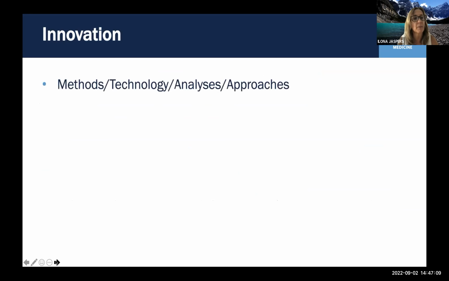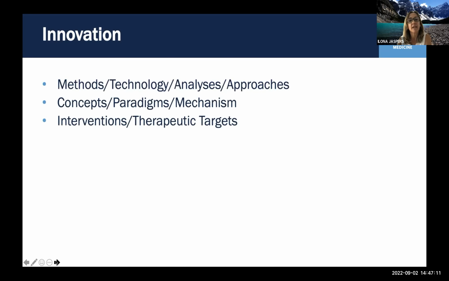We talked a little bit about innovation. And again, this can be many different things. Very often, as Dr. Varga alluded to, people look at the methods, technology, analysis, or approach as the experimental innovation. But it can also be novel concepts or paradigms or mechanisms, possibly identifying novel therapeutic targets or potential novel interventions.